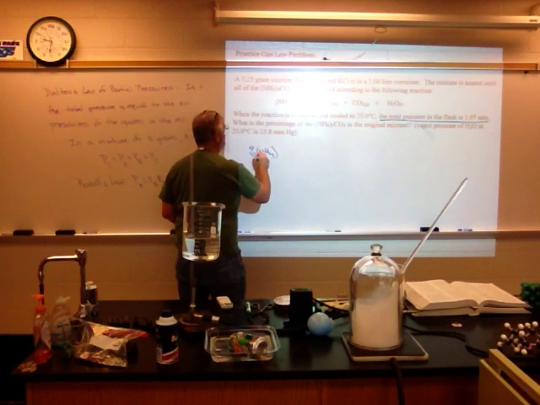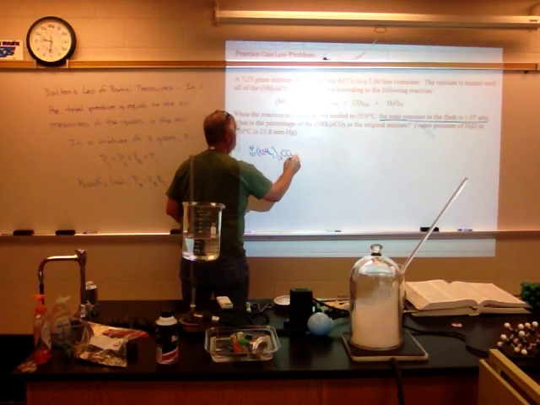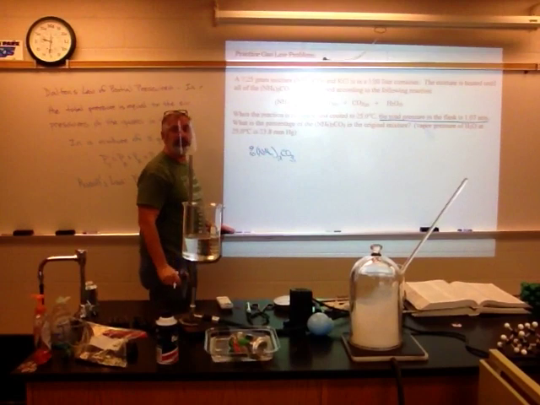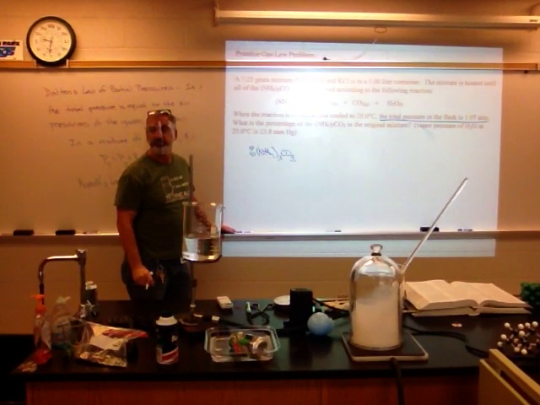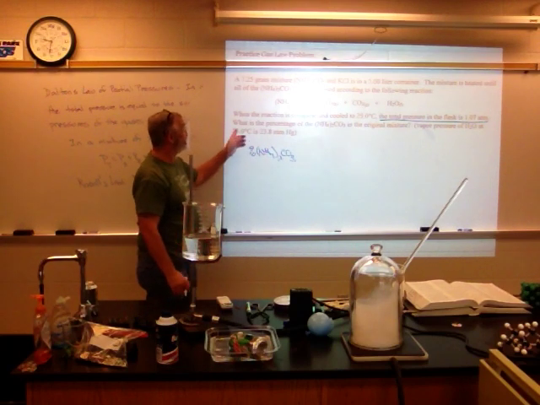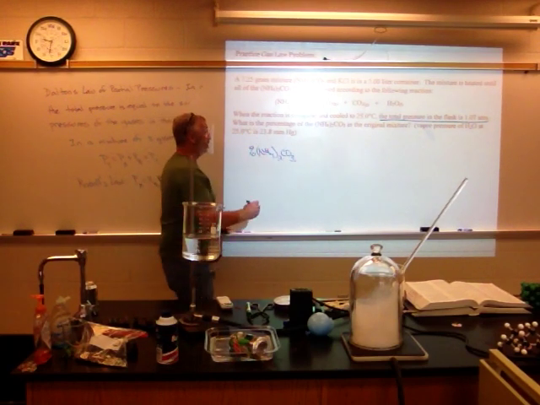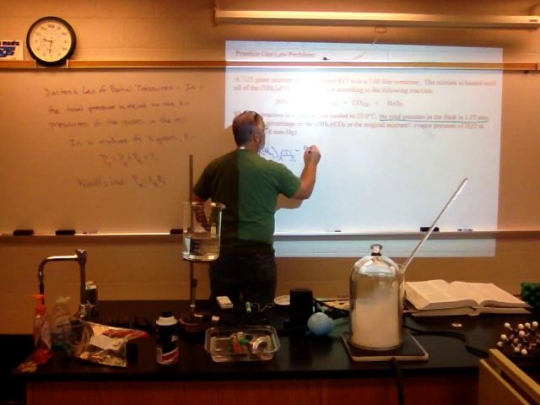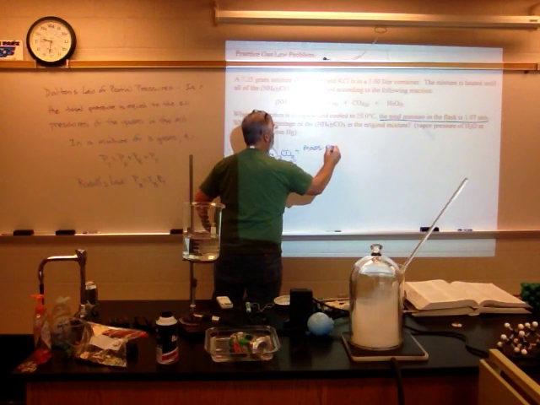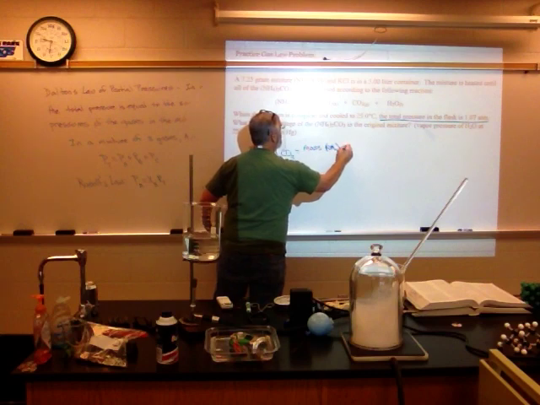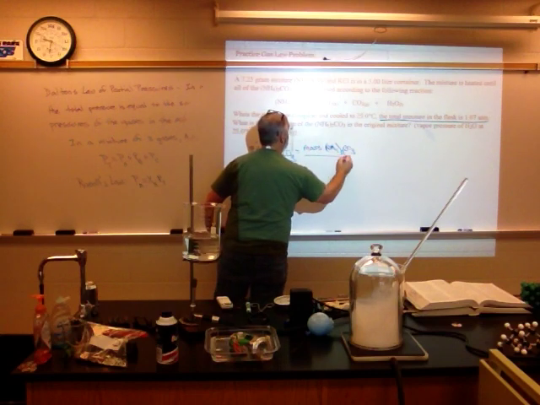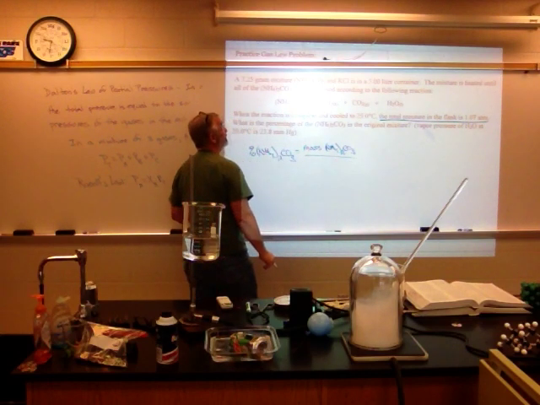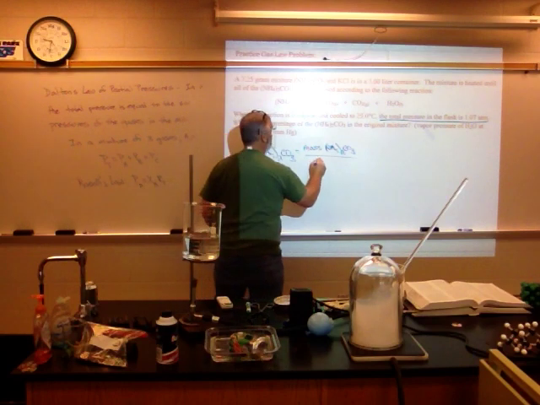(NH4)2CO3, right? What's that going to equal? How are we going to calculate this? What do we need to know? Not moles, this is mass percent. Mass of (NH4)2CO3 divided by the total mass.